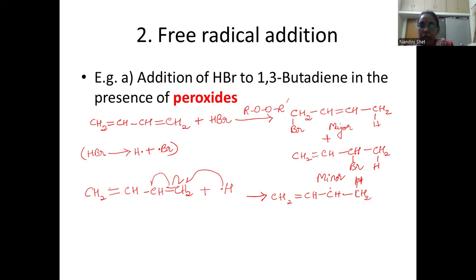And of course, suppose it reacts with the Br, a new bond is formed with Br here, which results in the 1,2 addition product. This one.